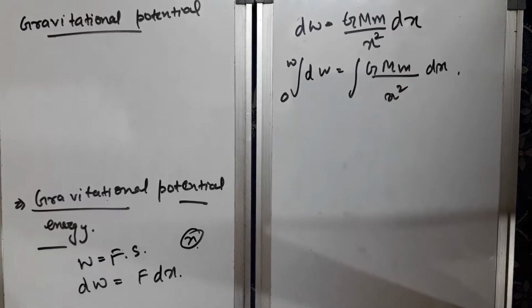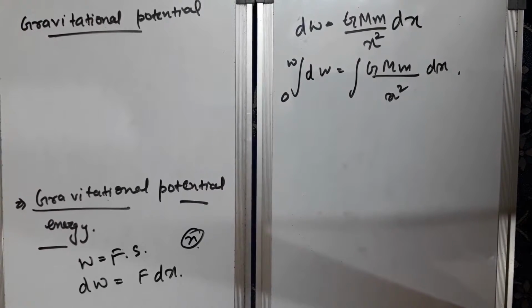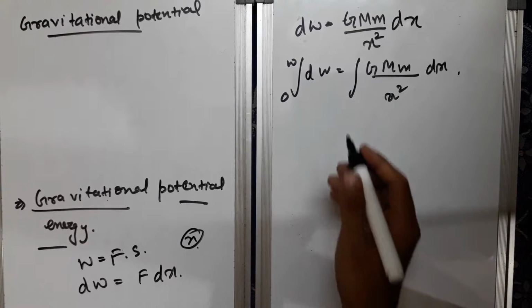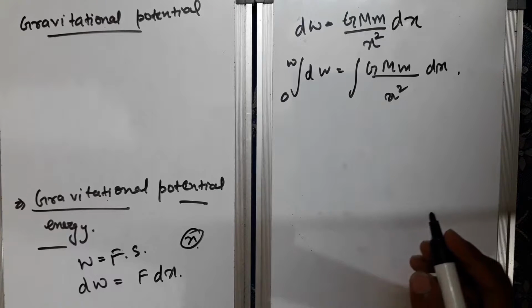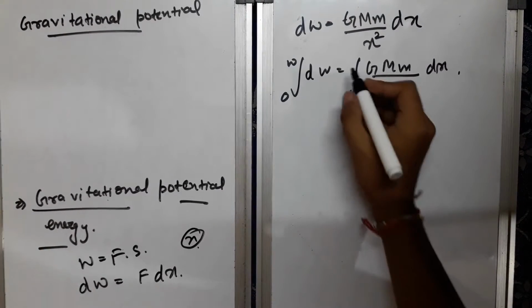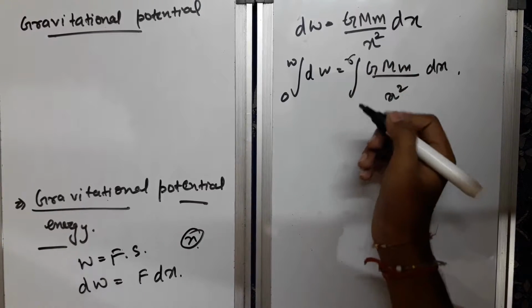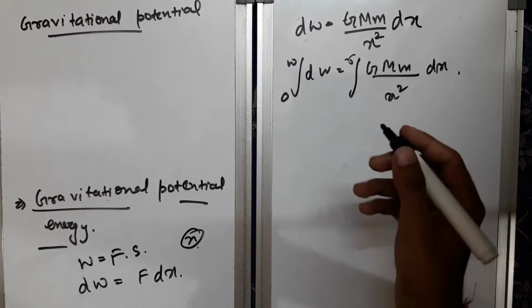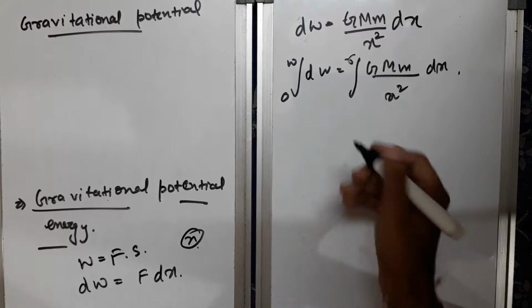Now the main problem is where we apply the limit. I'm going to tell you one tip. The place where we have to bring the object, right here, and the place where the body is.